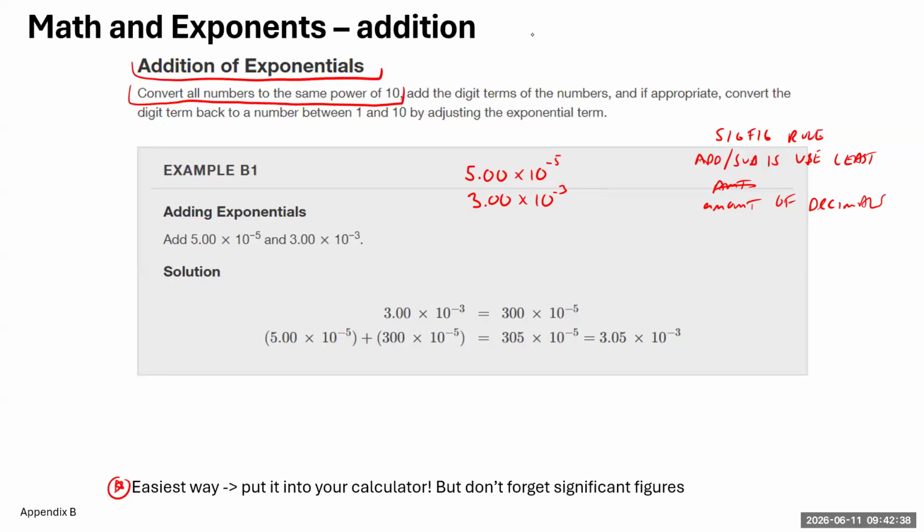So I need to either convert 10 to the negative 5 to 10 to the negative 3, or I can convert 10 to the negative 3 to 10 to the negative 5, right? I'm going to convert this one. You can do either one. I just chose this one. Let's check this out. This is how I'm going to do this.